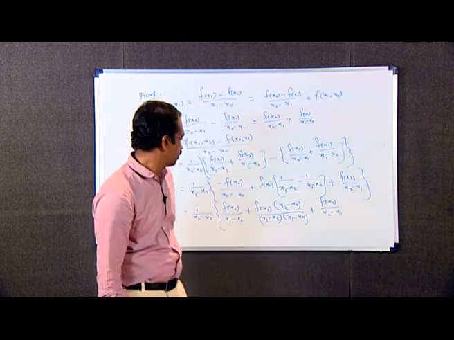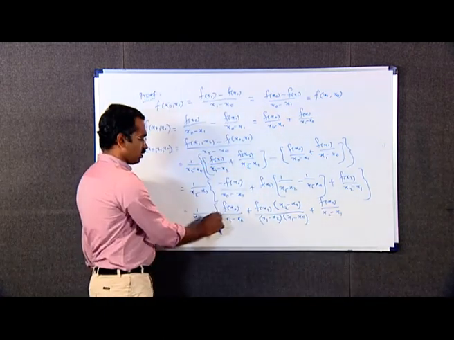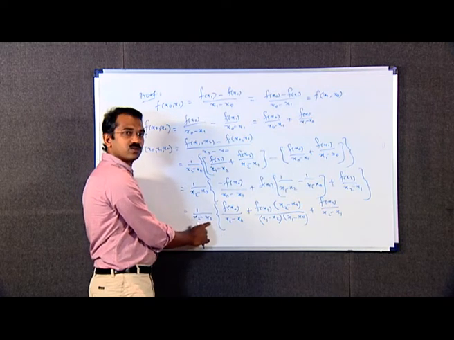That is equal to f of x0 divided by x2 minus x0.